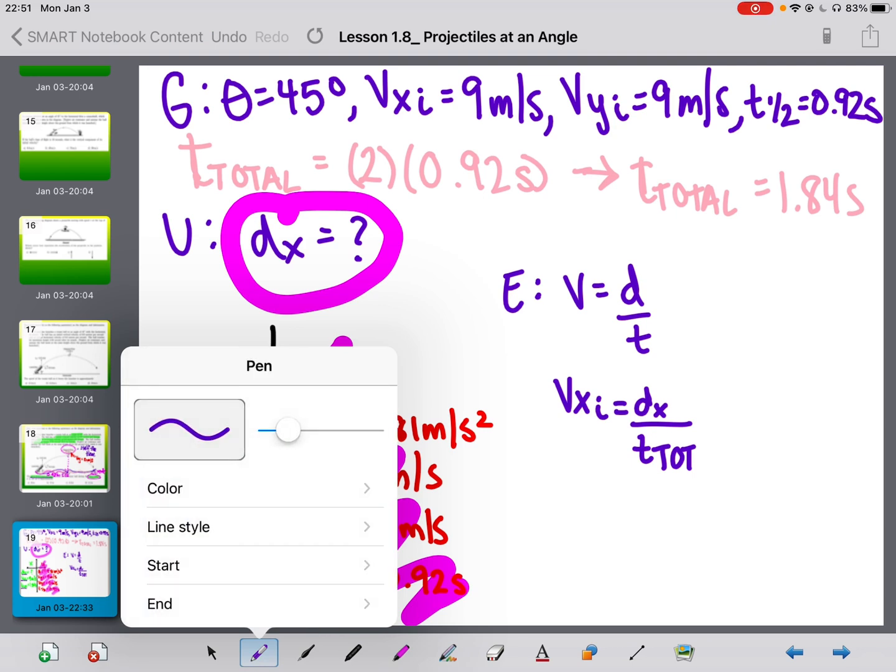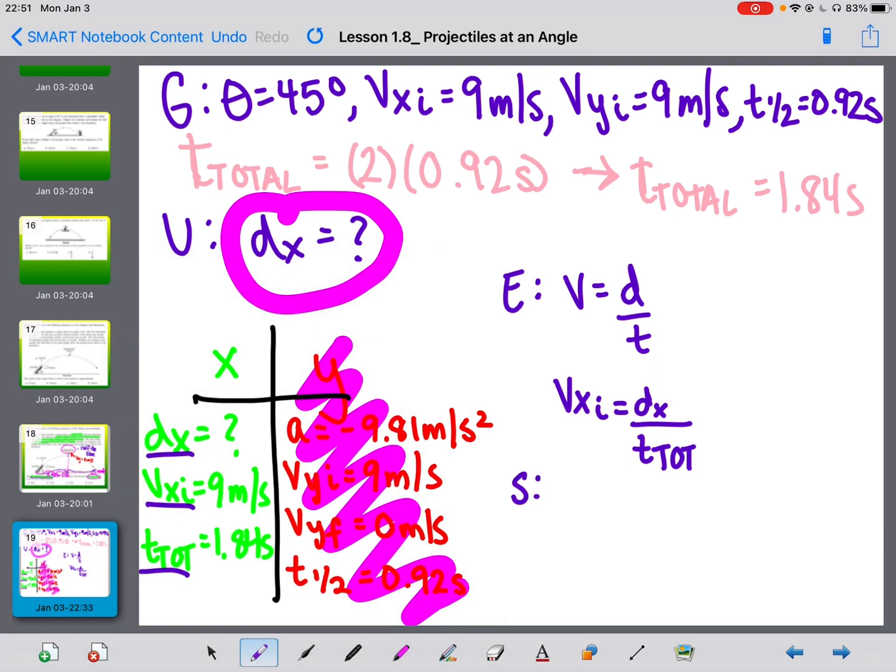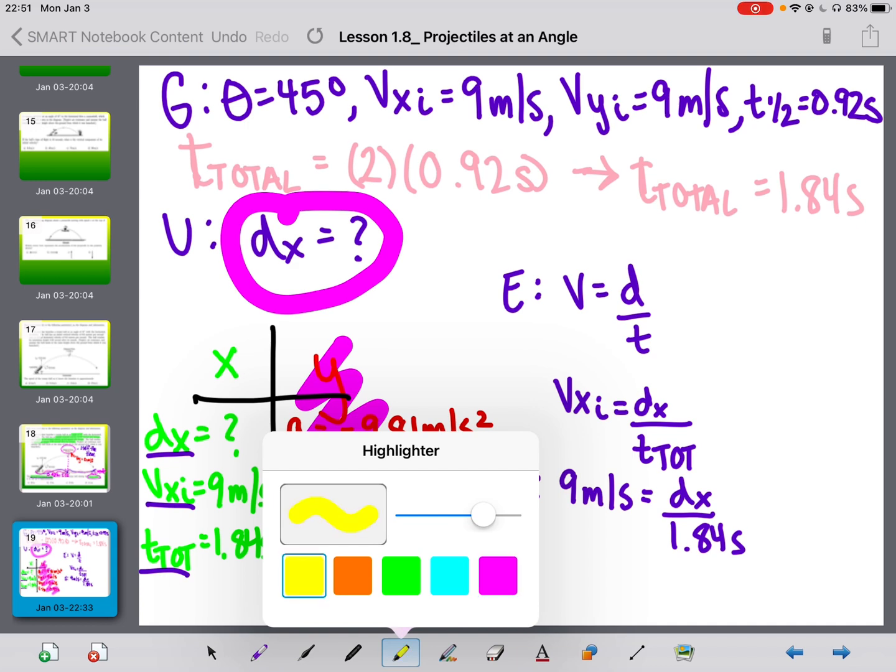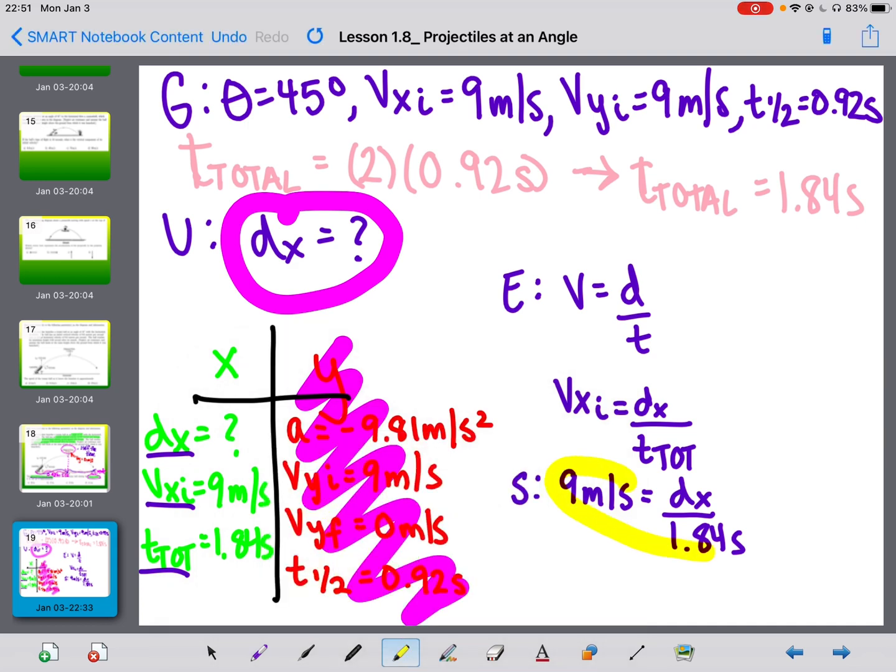So we then proceed to do our substitution with units. So 9 meters per second equals dx over 1.84 seconds. Here you can do some cross multiplication, right?